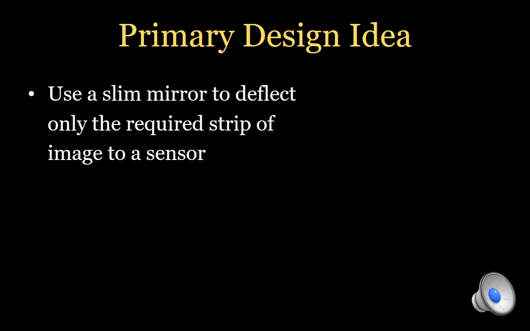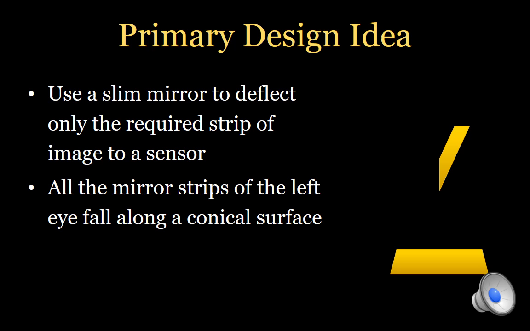A primary design idea is to use a slim mirror to deflect only the required strip of image onto an image sensor. So if you have a strip of image that needs to be captured, we use a small mirror at the top to deflect the light rays onto an image sensor which is at the bottom. Now all the mirrors corresponding to the different strips of the left eye view will fall along a conical surface in this design.